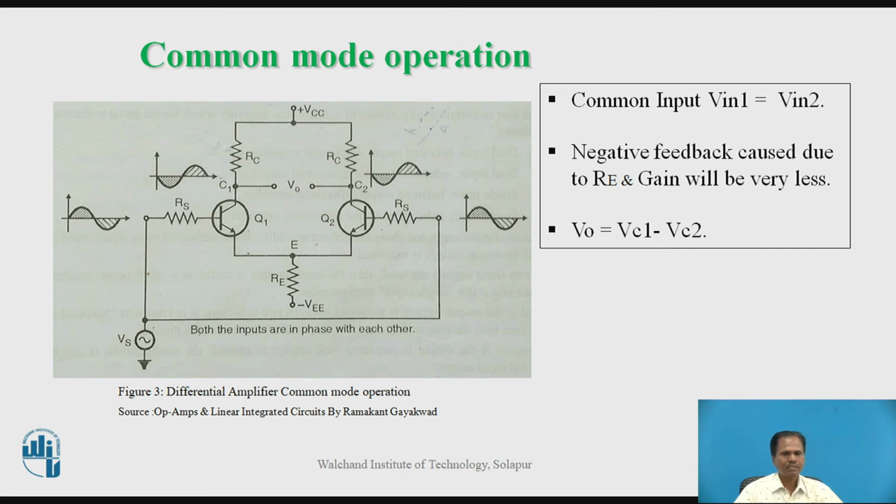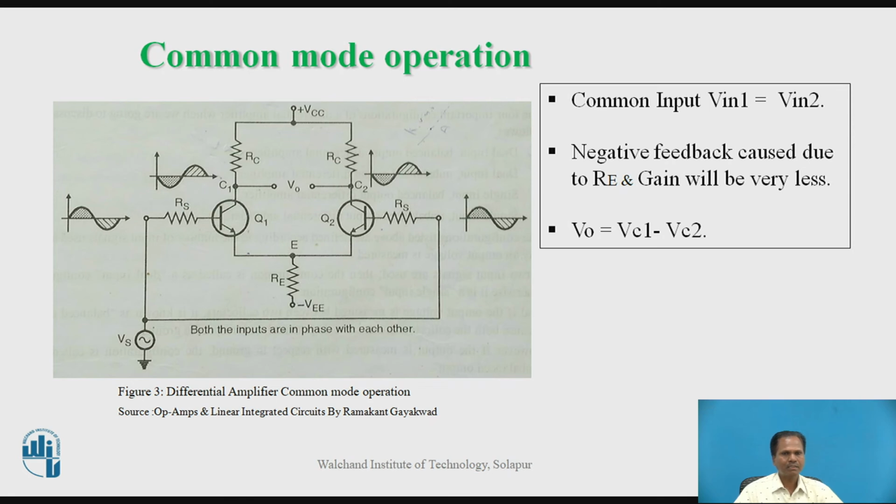As the input signals are in phase and of equal magnitude, their collector signals are also in phase and of equal magnitude. So the net final output voltage of the overall differential amplifier, taken at the collector of transistor Q2 with respect to the collector of transistor Q1, will be ideally 0.